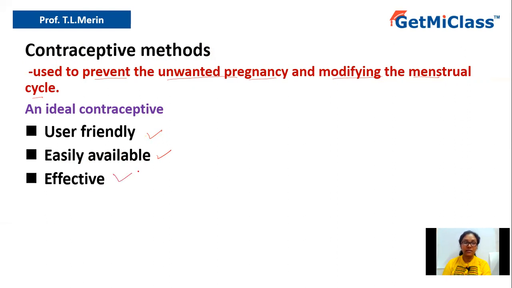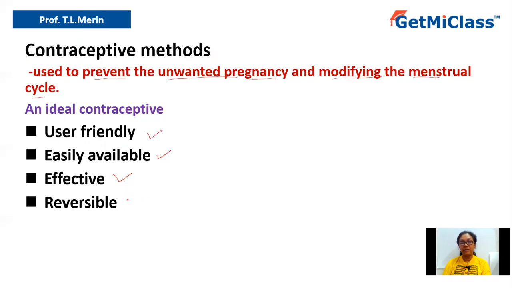Though these are contraceptive methods, we can see that some of the methods may not be effective and that may lead to pregnancy. So if it has to be an ideal contraceptive, then it has to be effective. Then reversible, because it is a temporary contraceptive method. The method which is used should be temporary.